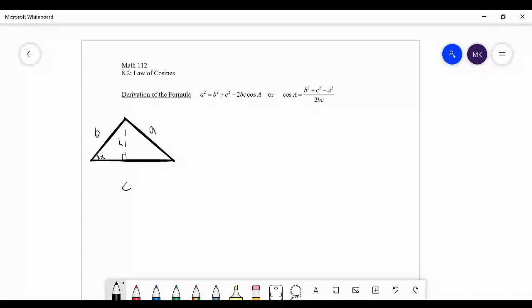Since that side's A, this is angle alpha, angle beta. Now what I'm going to do here that's different is I'm going to label this point here P. I'm going to label this point here where this height comes down as the point Q. And this point over here is R. That's going to be really crucial in trying to derive this law of cosines.